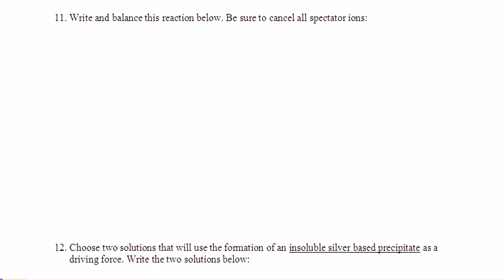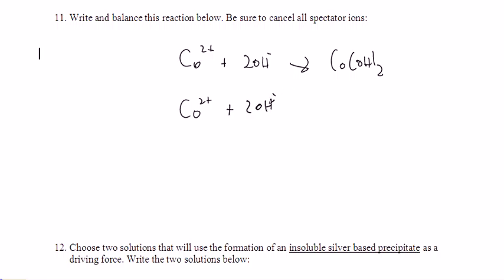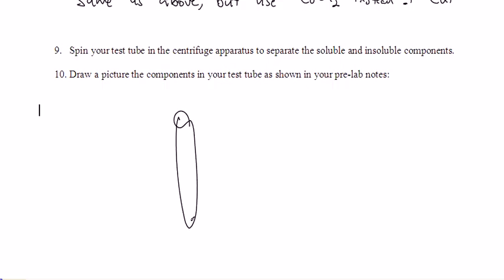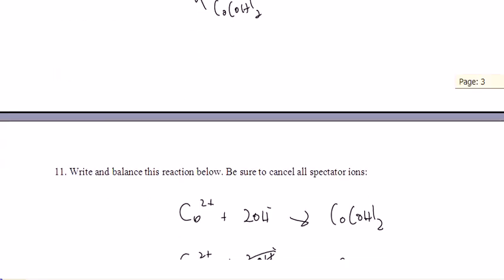I don't think that would be too bad, but your final answer should have Co2+ plus 2OH- goes to Co(OH)2, or Co2+ plus CO3 2- goes to CoCO3. So please fill everything in, draw your picture, but your label is just going to involve the cobalt instead of the copper.